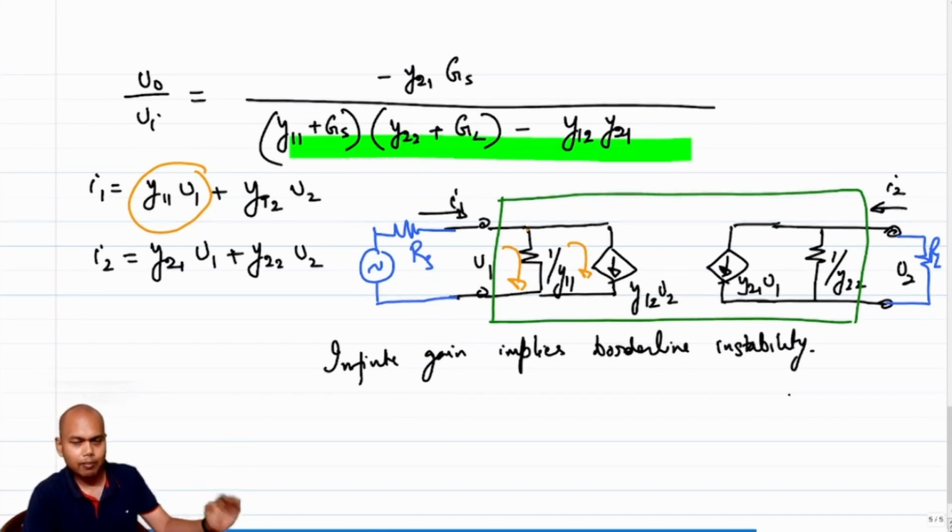Whatever it is, it's not an amplifier. Since our goal is to get an amplifier, we'll have to steer clear of infinite gain. So when you say we have to steer clear of infinite gain, one might say that I will choose these values of y11 and y22 in such a way that the denominator is not actually 0 but very close to 0, right?